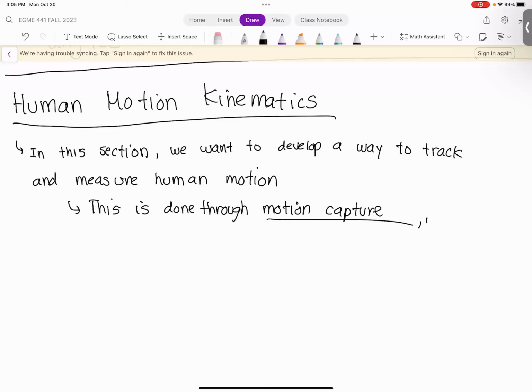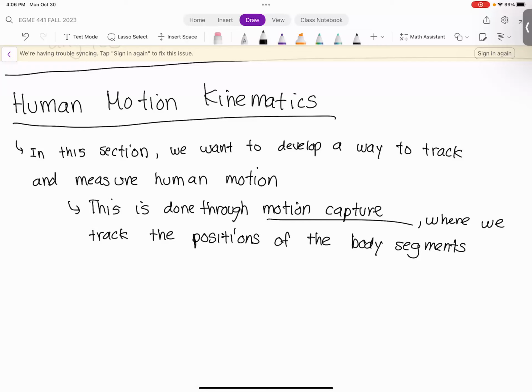Eventually, and you're going to do this in the next homework, based on the positions of the markers, we'll be able to form a reference system or a coordinate system per body segment.